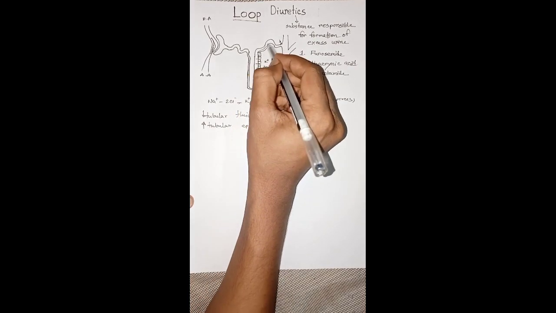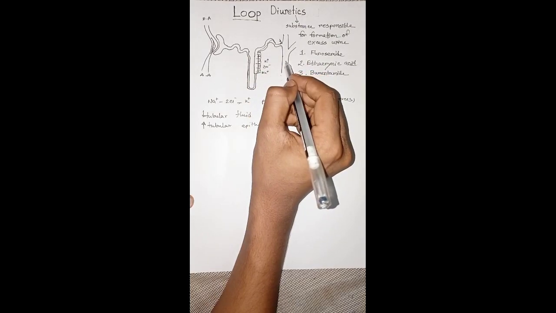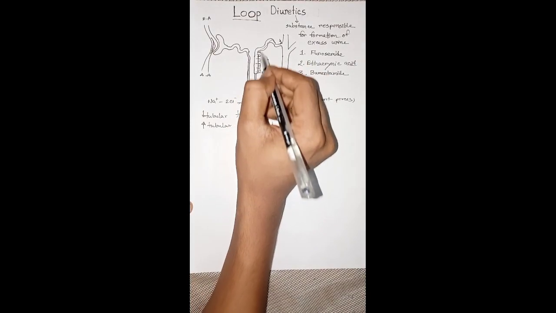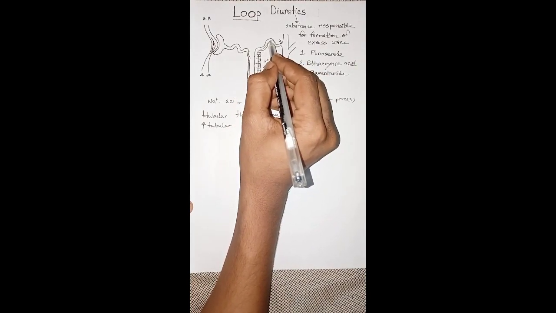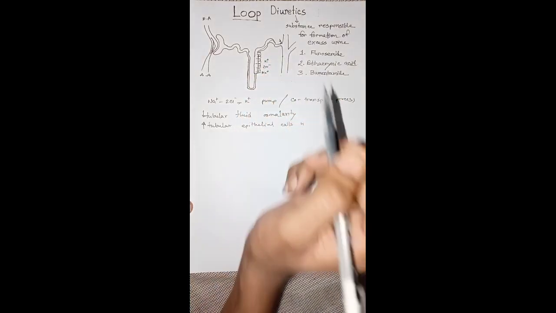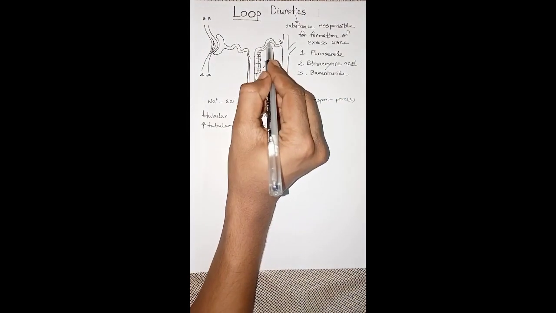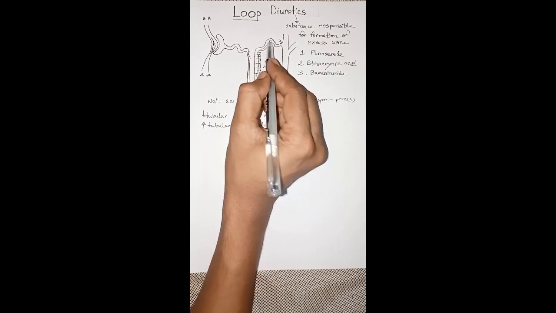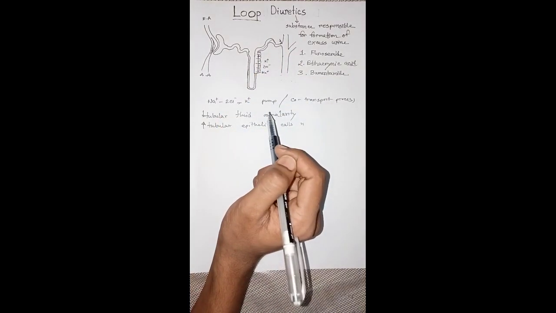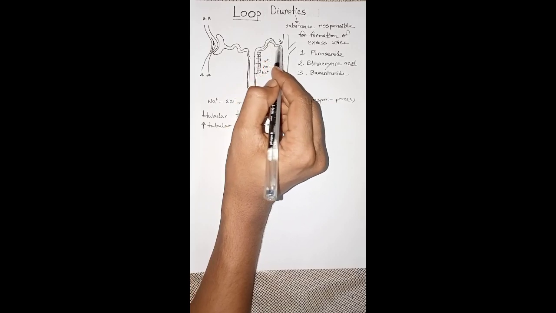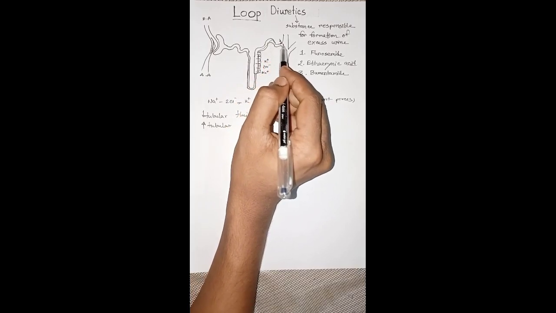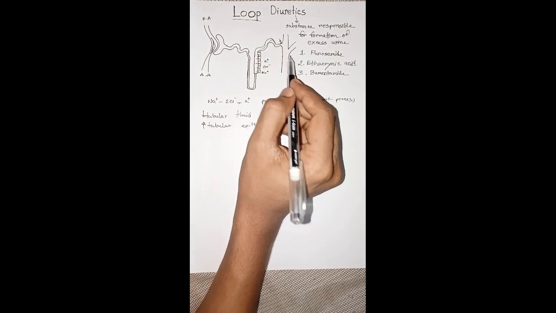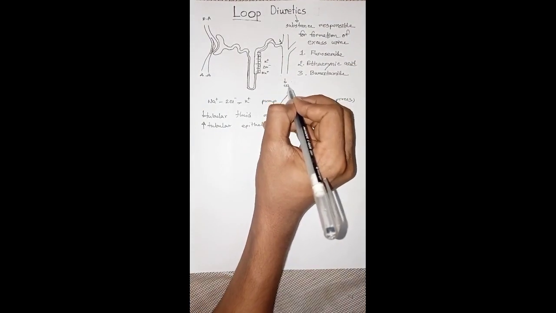These ions will pass through the distal convoluted tubule, the collecting tubule, and then the collecting duct. The osmolarity of this portion will also increase, which opposes the reabsorption of water from this part. So this unreabsorbed water passes into the urine.